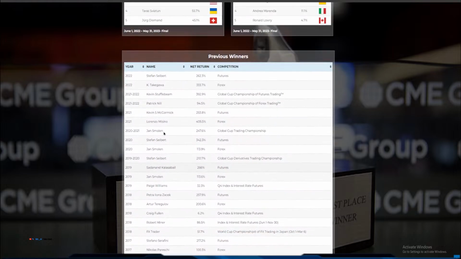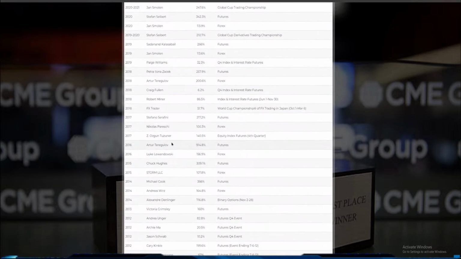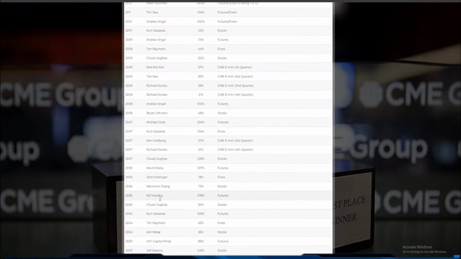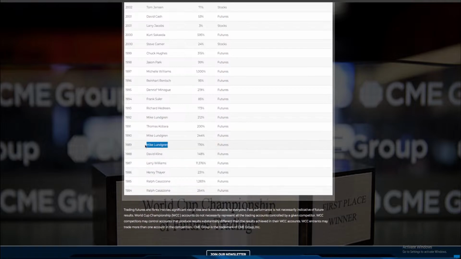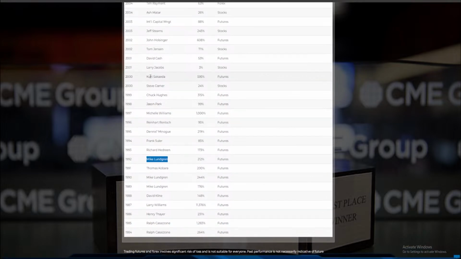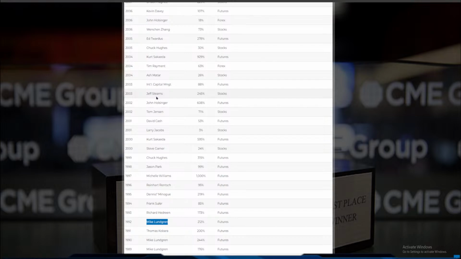Or as you can see, there are some guys who have won the same cup multiple times. I forgot the name to be honest, but see here, Larry Williams, that's the one and only time. No more Larry Williams anywhere. But this guy Mike, back to back, again Mike. Then if I'm not wrong, I saw him above somewhere around this area as well.